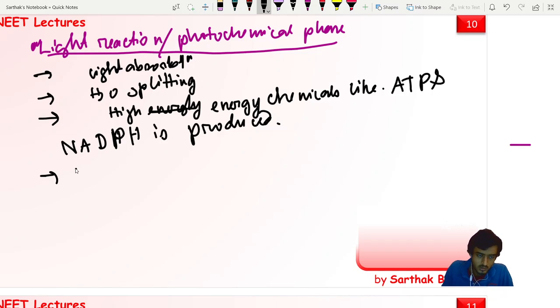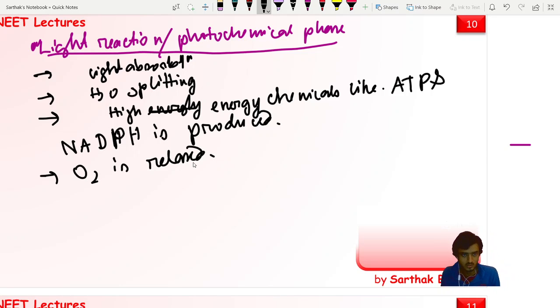And fourthly, O2 is released. So these are the basic steps of the light reactions.